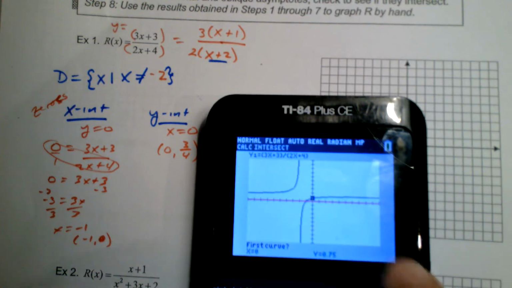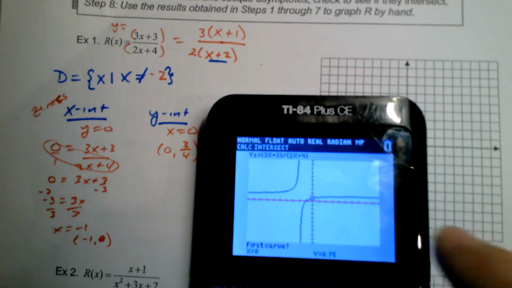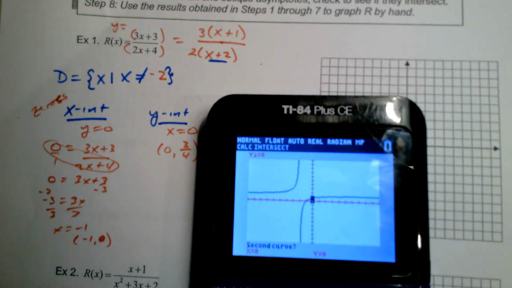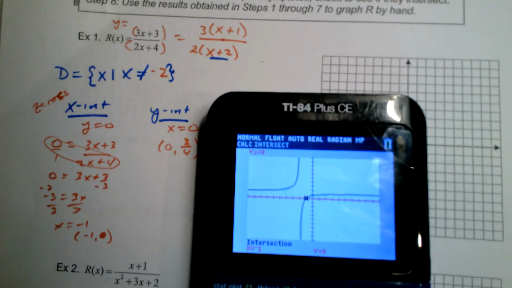Okay. Now, make sure your first curve is on the blue one, right? Make sure it's on this side of the asymptote. So I go first curve, enter, second curve, enter, guess, and I jump to -1, 0. That's pretty much how I would solve this one. I would not do it by hand, but it's an option. And we got the -1, 0 for that.